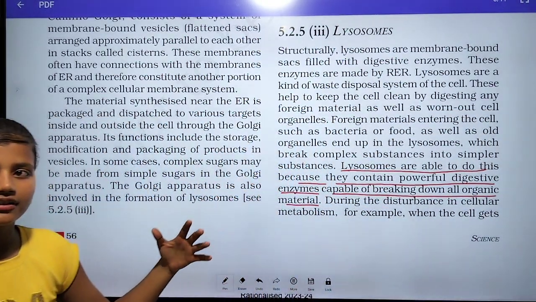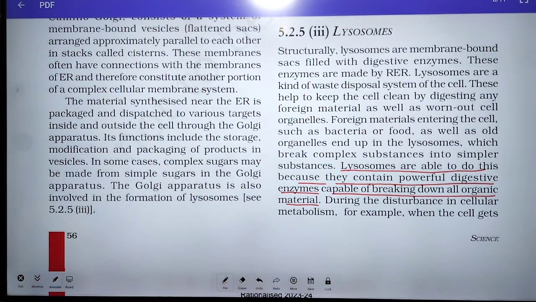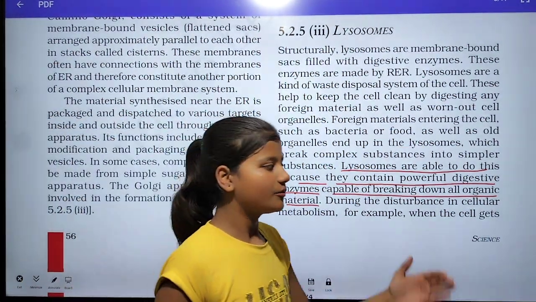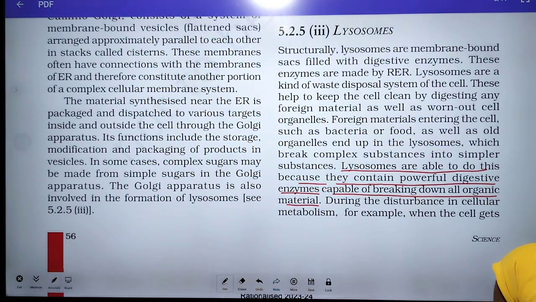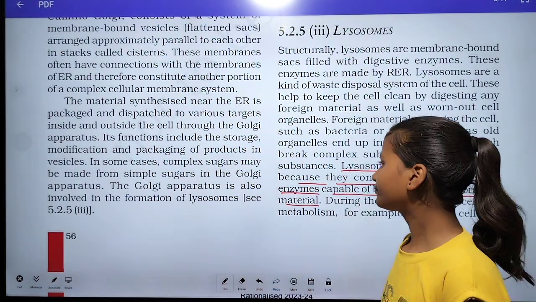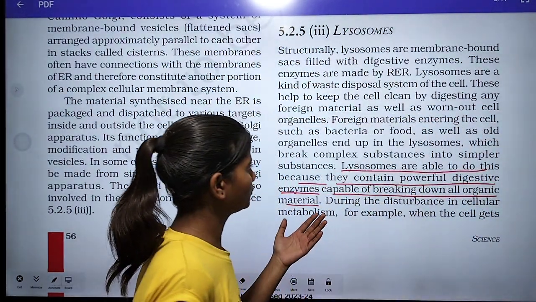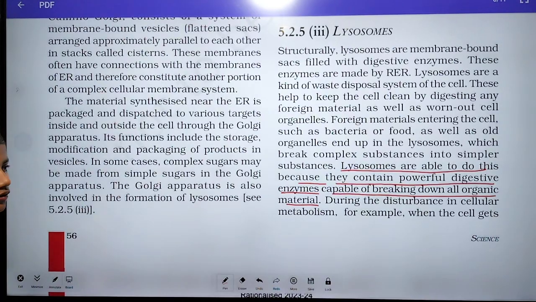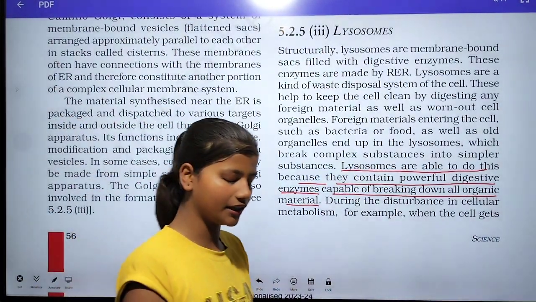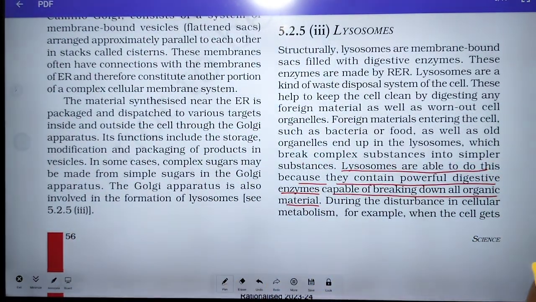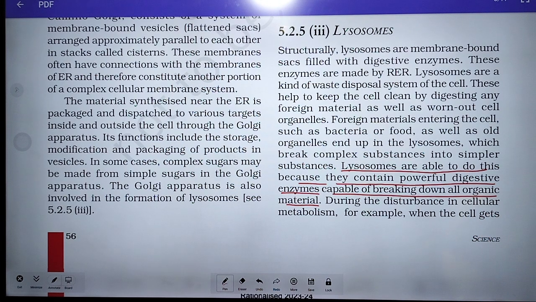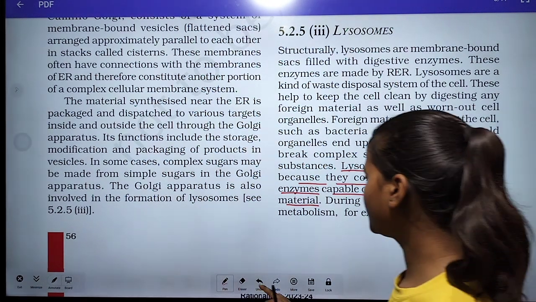This activity is done in a lysosome because it contains what? Digestive enzymes, powerful ones, capable of breakdown of organic material. So that's why a lysosome can do this activity very well.